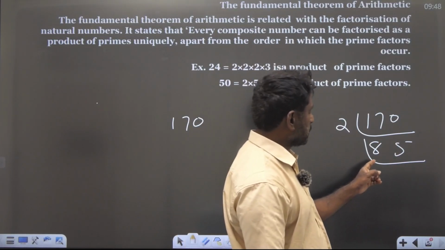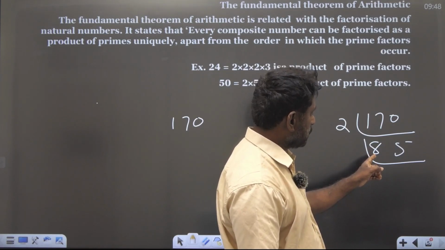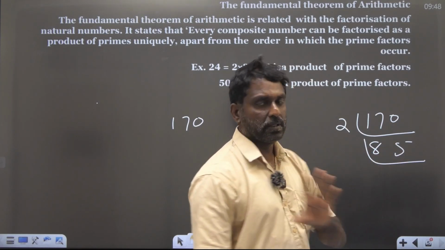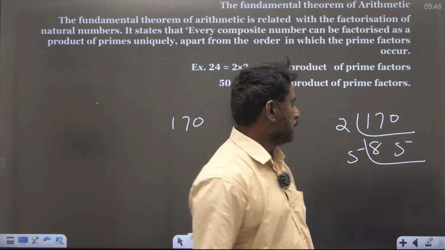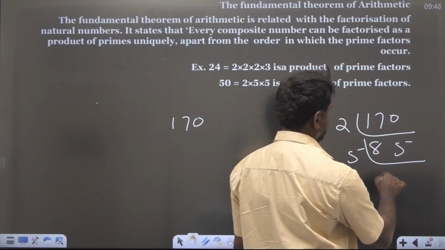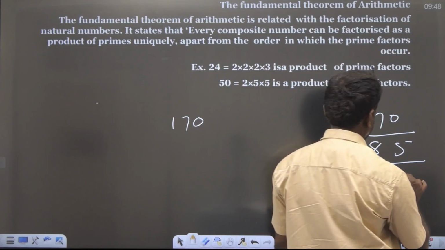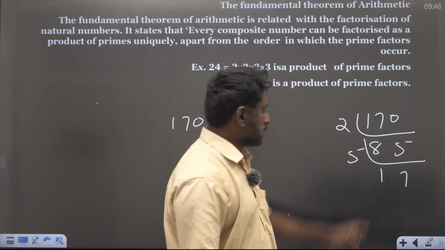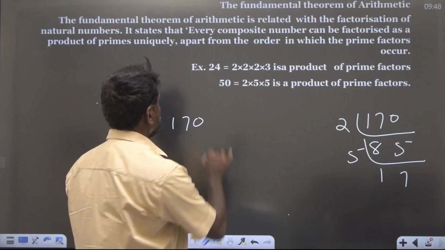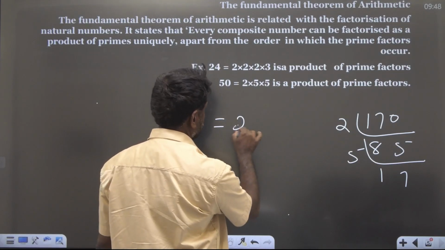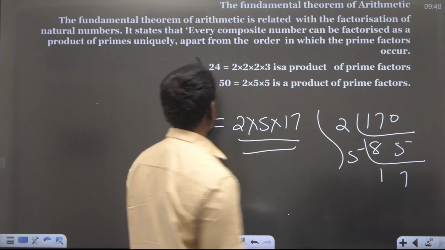Is it possible with 3? It is not possible. Then try with 5. Yes, it is possible. 5 times 1, remainder 3. 35. 5 times 7, 35. But 17 is a prime number. So we can express this as 2 into 5 into 17.